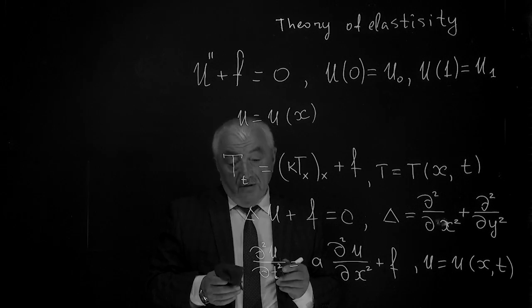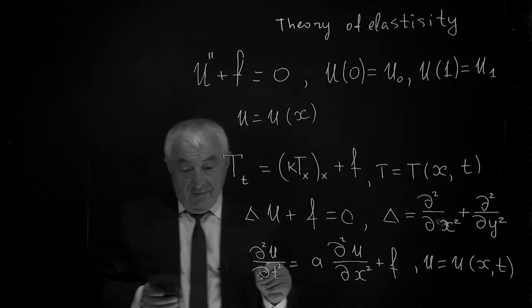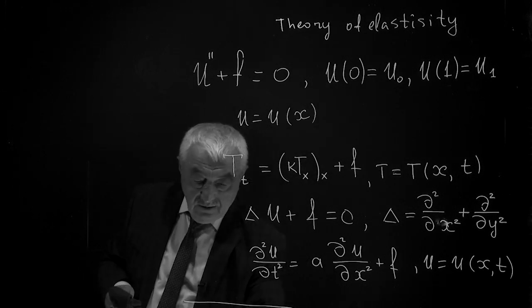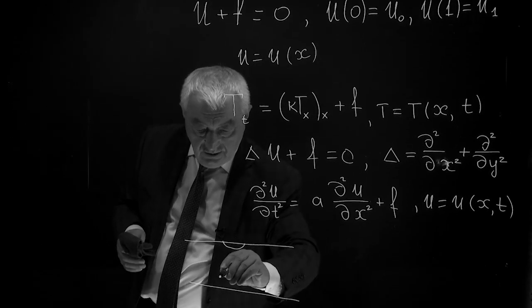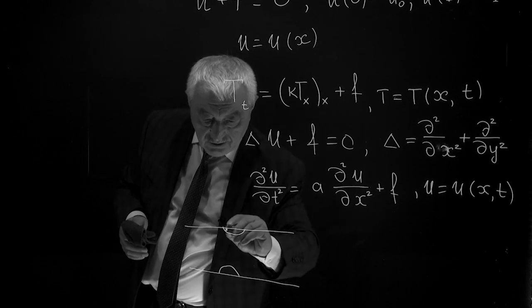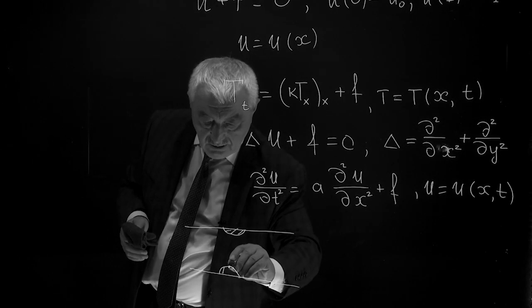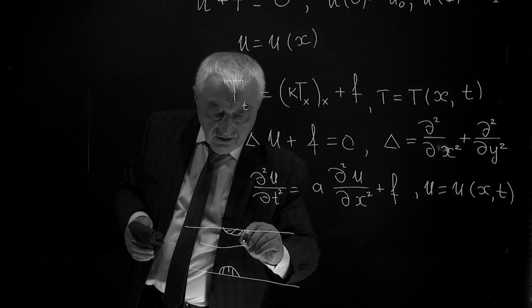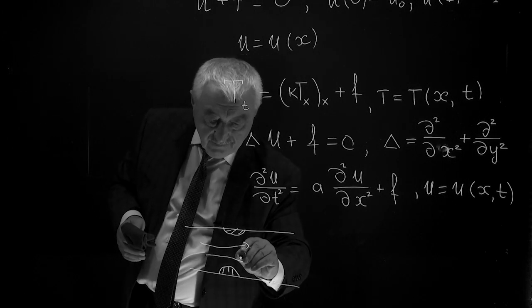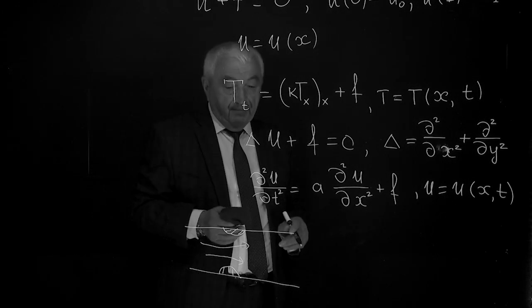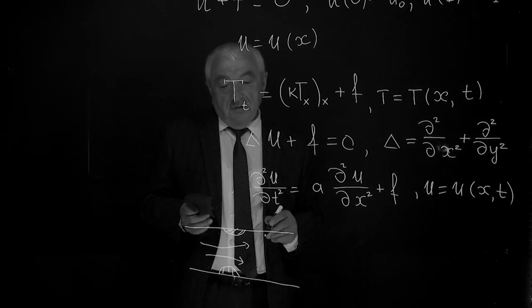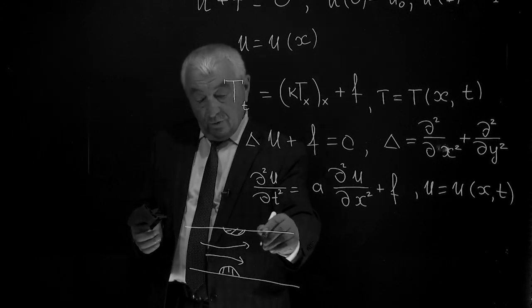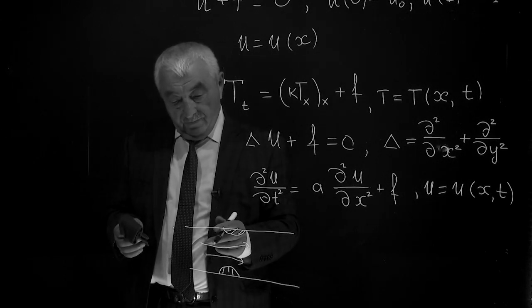Some words about the application of mathematical models in medicine. For example, the motion of blood in arteries, with a cross section. This is a very interesting application of continuum models, fluid mechanics models. It is necessary to find the velocity of motion.